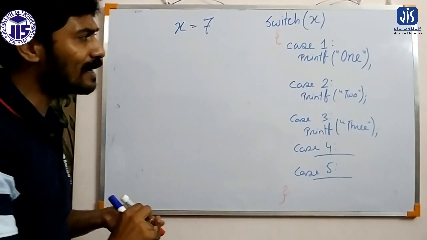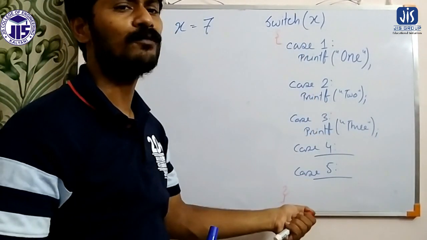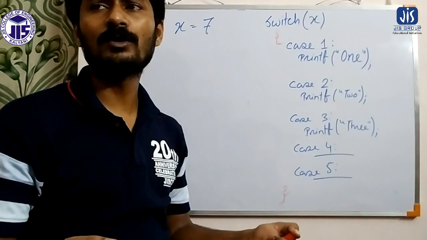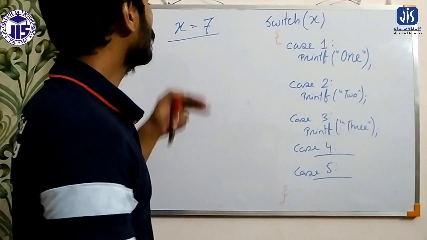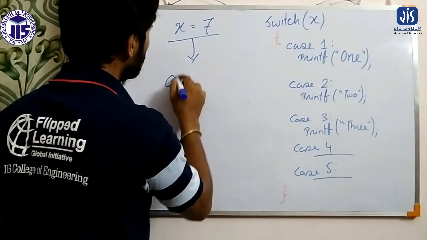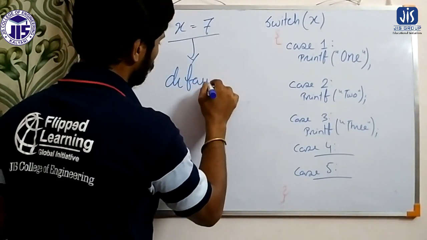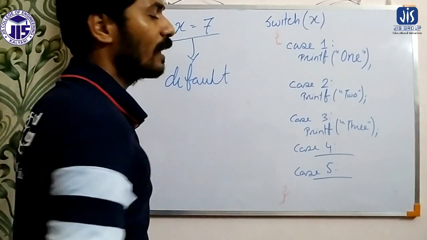But basically what is my range? We have the options for 1, 2, 3, 4 and 5 only. For 6, 7, 8, 9 we don't have any option, but we have inserted the value of x as 7. So then it will be considered as default case.